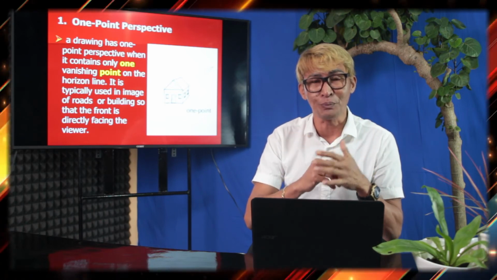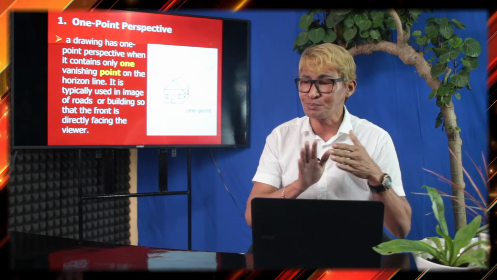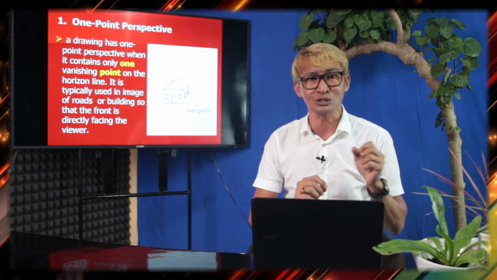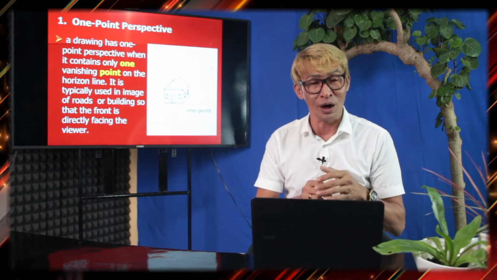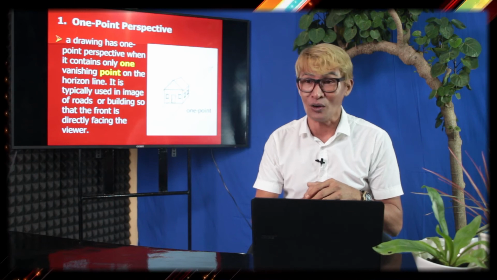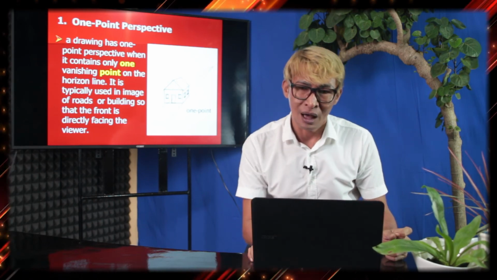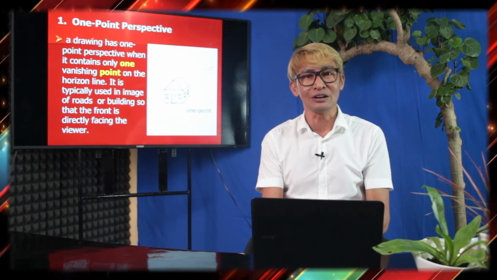We walk from the barracks, heading to Davao City. Right, when you take a picture standing at the center of the road, straight going to Davao City, you can see the 1-point perspective, because the space goes from bigger to smaller, and the end of it is what we call the vanishing point. That is 1-point perspective. Got it? Another example is the road going to the New City Hall.